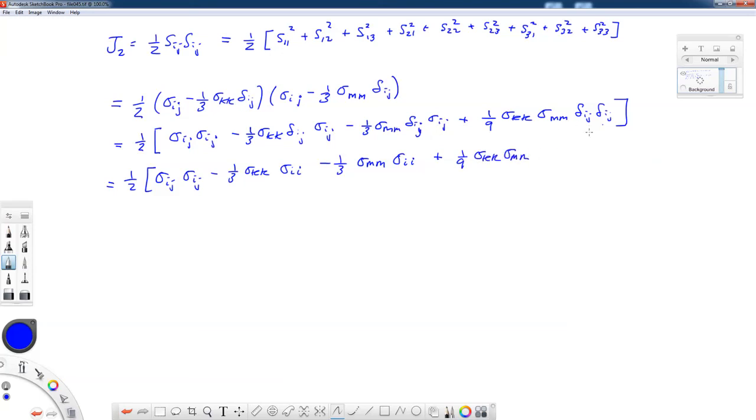And again, acting as a replacement operator, I have sigma Kronecker delta II. And Kronecker delta II, we know, is equal to 3.